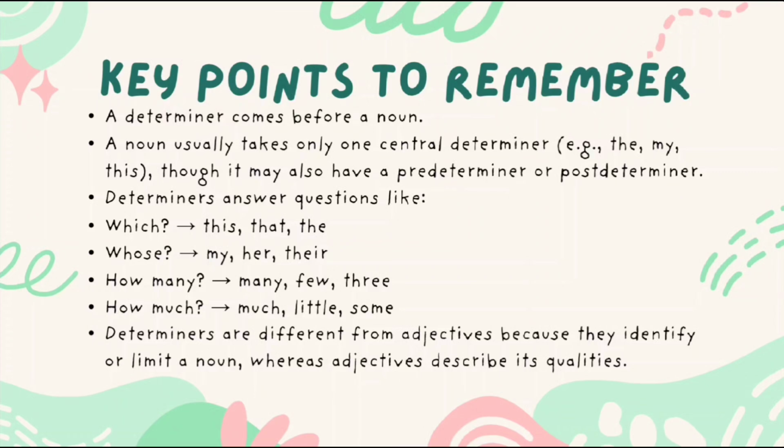However, it may also have a predeterminer or a post-determiner along with it. Determiners help answer important questions: which, whose, how many, how much. Finally, it is important to understand the difference between determiners and adjectives. Determiners identify or limit a noun, while adjectives describe the qualities of that noun.